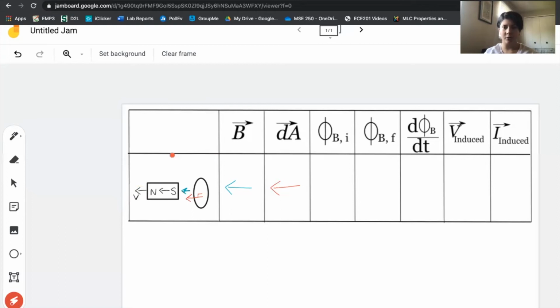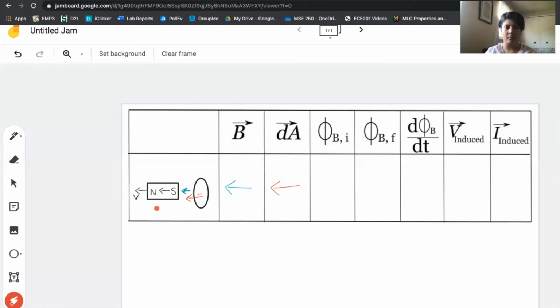And so in our initial position, it starts out at this X distance. It starts out close and then it moves to the left. And so after it moves, if you think mentally, it's going to move farther away from the wire. And so the wire is going to be farther away from the source of the B field.